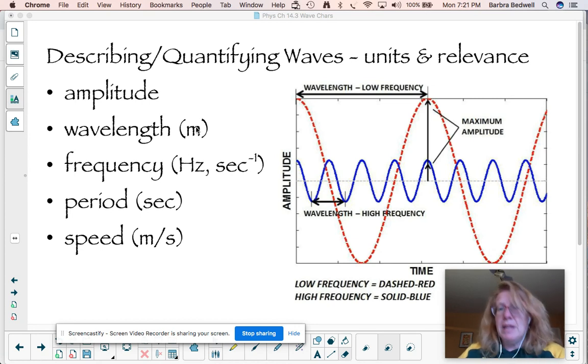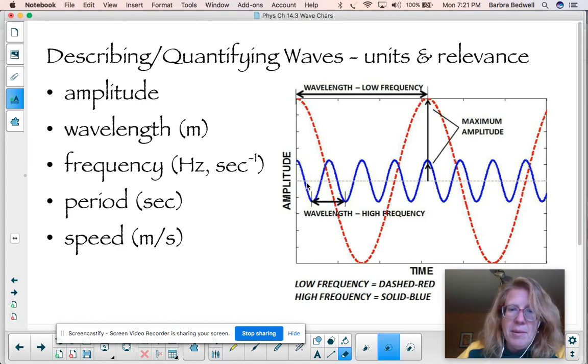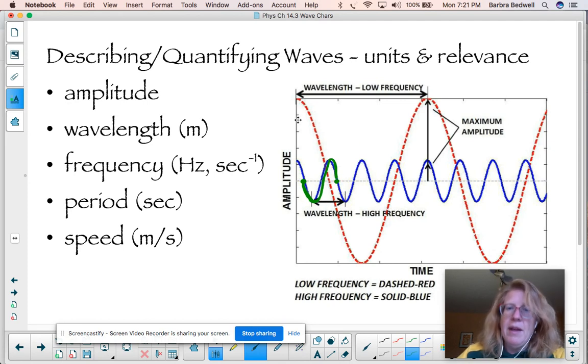With wavelength, again, take a look at what the wavelength is. It's from trough to trough, or from crest to crest. Or you can go from equilibrium through a trough to a crest and back to equilibrium, one full waveform. It's the same wavelength. The red one has a much longer wavelength.